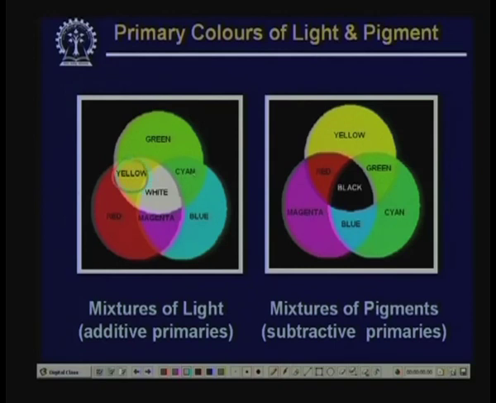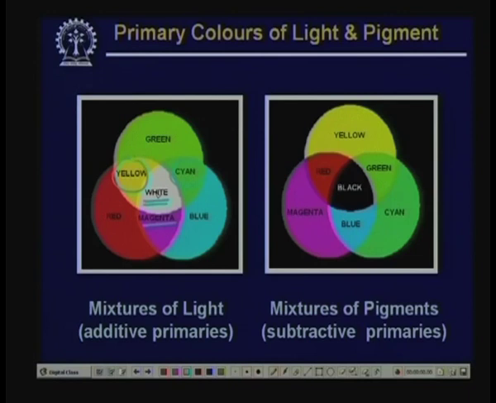Green and blue mixed together form cyan, and red and blue mixed together form magenta. And red, green and blue, all three together, form white light.